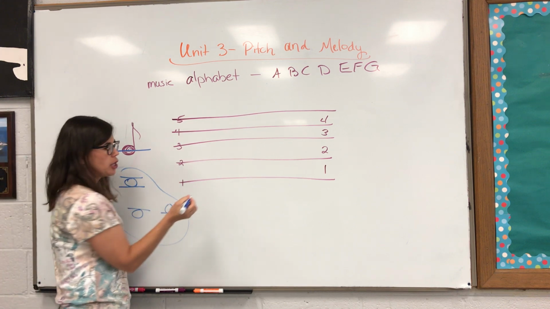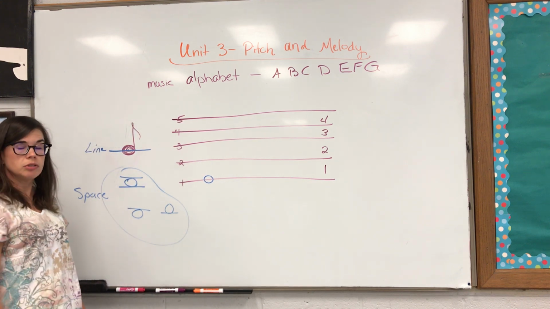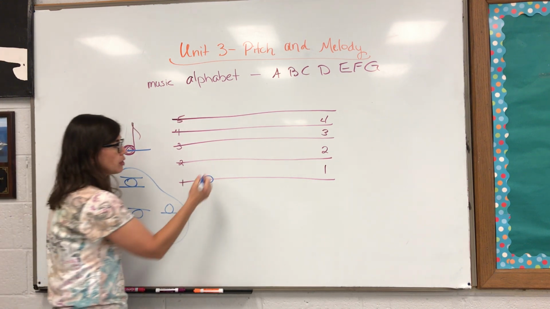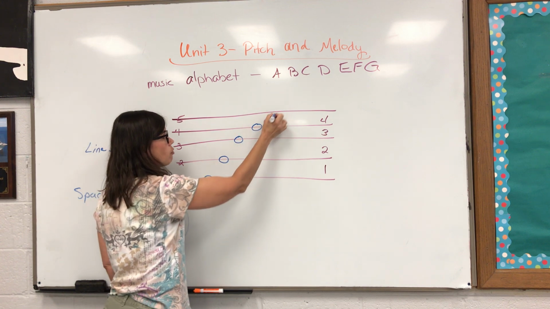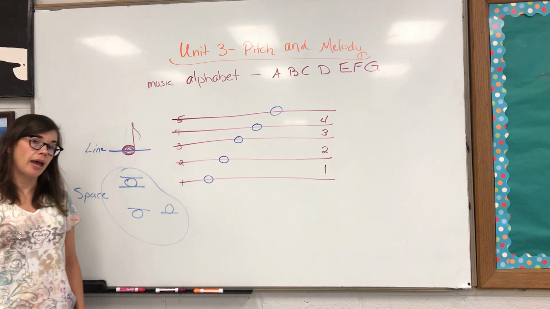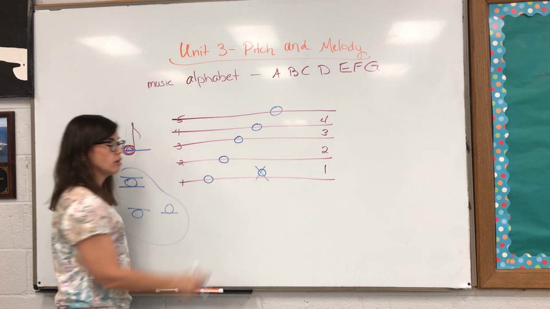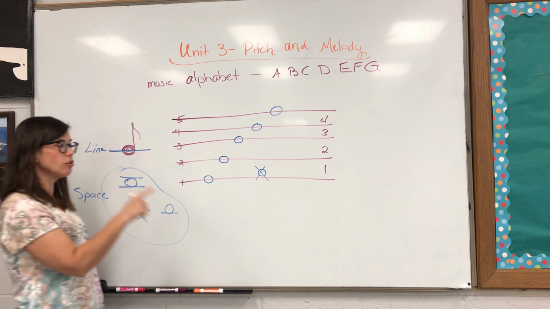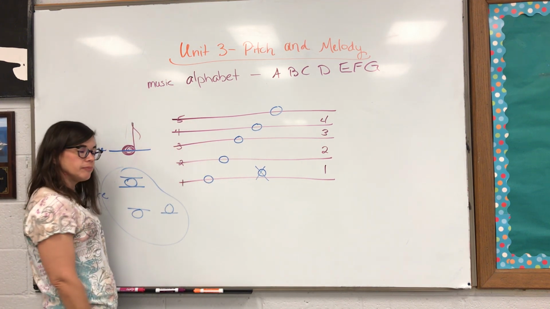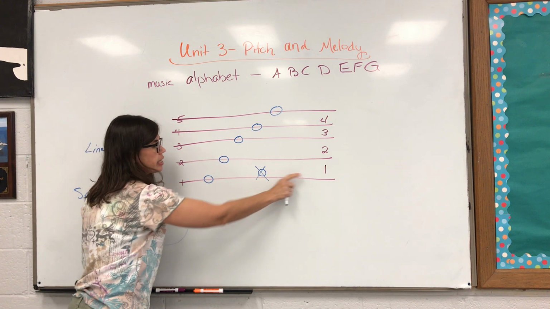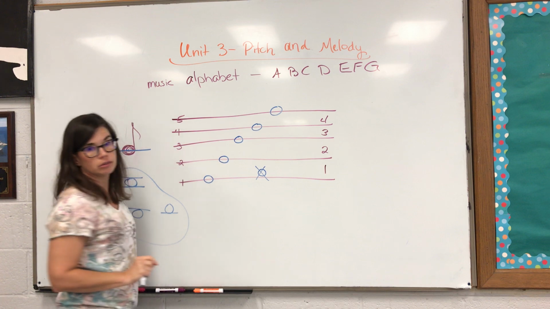So if I wanted to put a note around line 1, I'm going to use a whole note, and that's how I would do it. Around line 2, line 3, line 4, and line 5, okay? This is not a line note. Technically, that note is in the space, okay? Remember, the line has to go through it. This is line 1, this note is around line 1, this note is on line 2, line 3, 4, 5, okay?